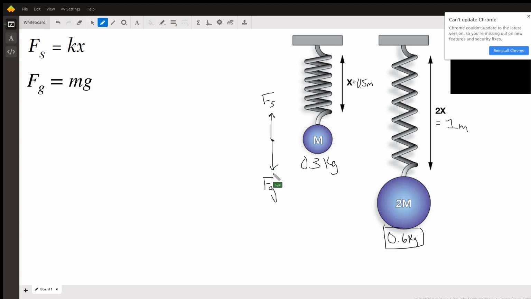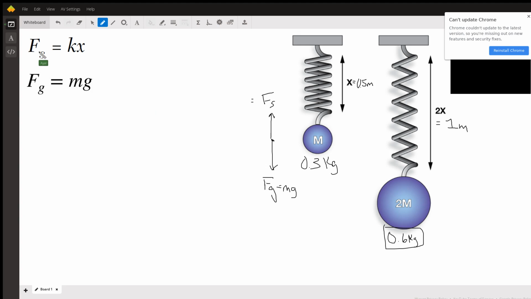So they are balanced. Fg, force of gravity, equals mass times acceleration due to gravity, g.